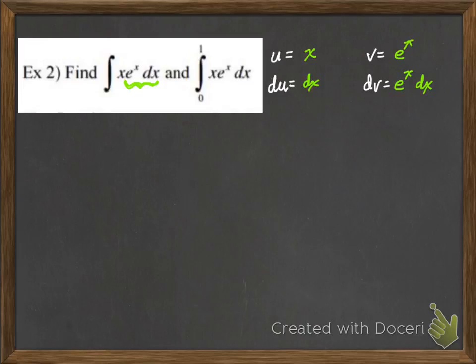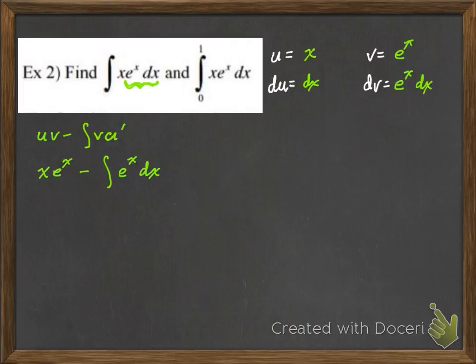If we use our formula, and remember the formula for integration by parts is uv minus the integral of v u prime, then u times v gives us x times e to the x, minus the integral of v, which is e to the x, u prime, which is du, so that's dx.